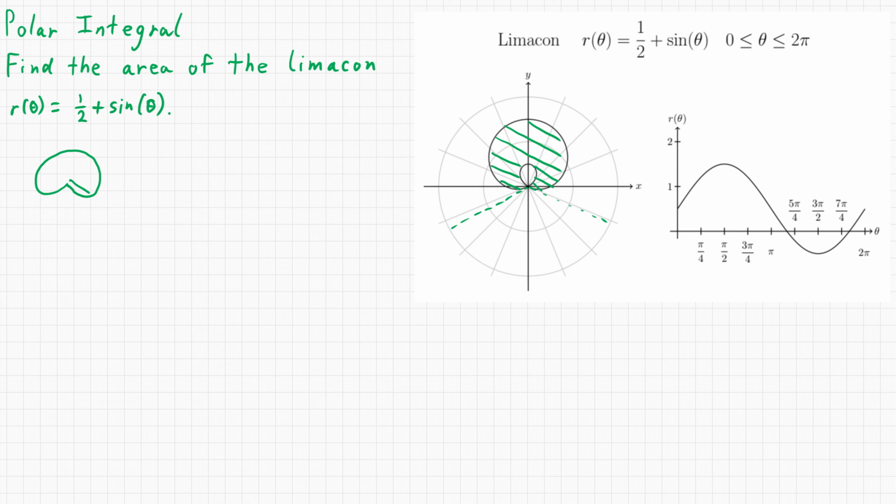It's close enough that I skipped over the loop-de-loop. And then we're going to subtract from that, and make sure this area is positive, the loop-de-loop in the middle. And that should equal the limacon here with its loop-de-loop area taken out. All right, so that's the idea.